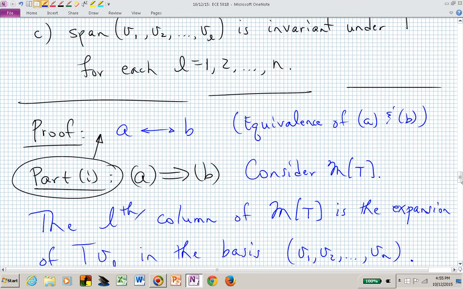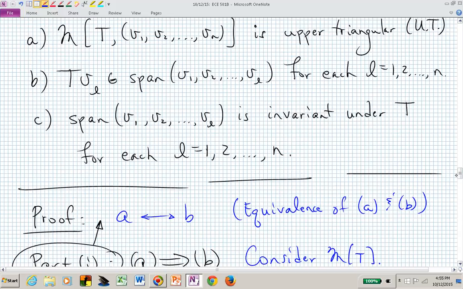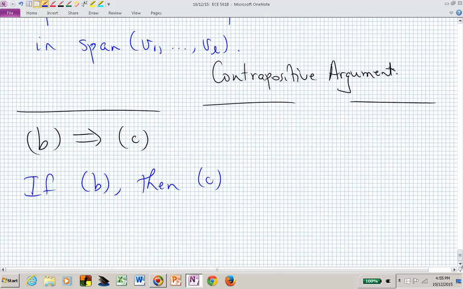C said that the span of those L vectors is invariant under T. But if we have B, that implies C by the invariant property of T. So if B, then C by definition of invariance.